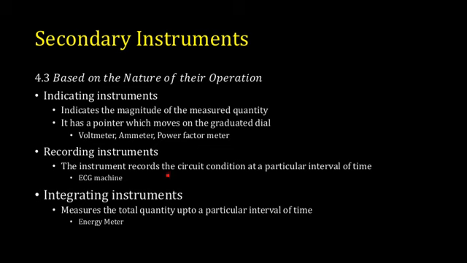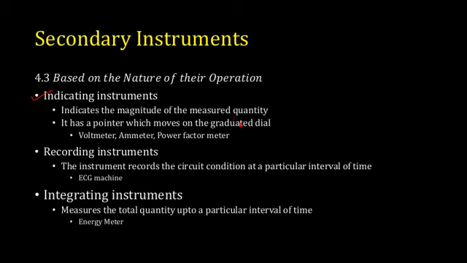And we also have secondary instruments based on their nature of operation. These are very important. The first one is indicating instruments. In indicating instruments, you will be indicating the magnitude of the measured quantity. So you have a voltmeter which indicates some value. You'll have a pointer which moves over the graduated dial or scale.